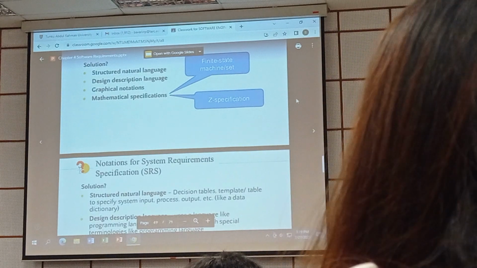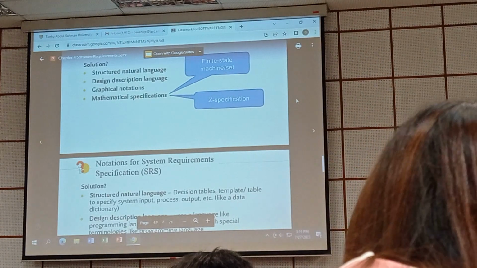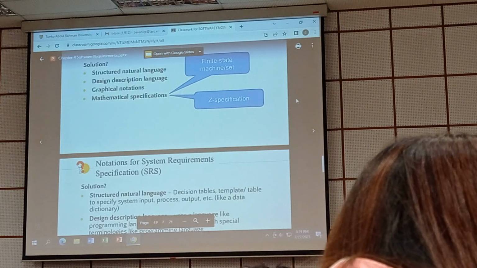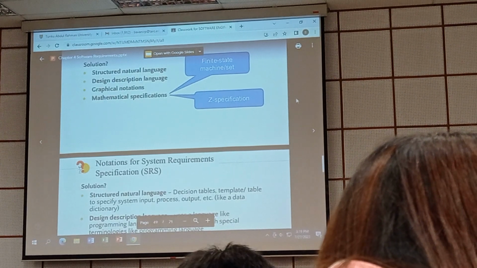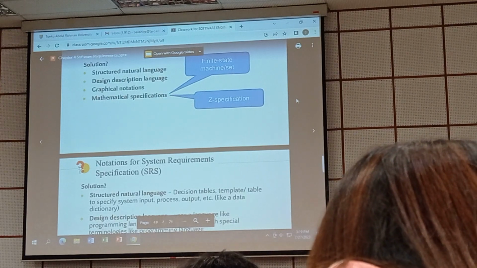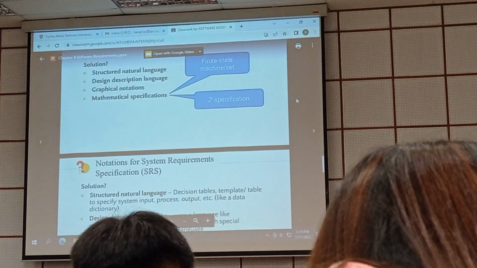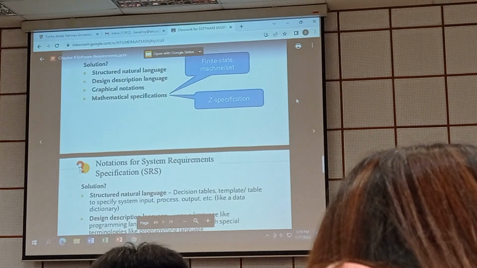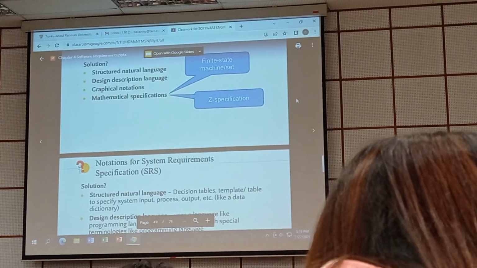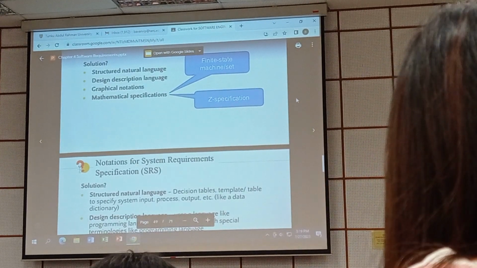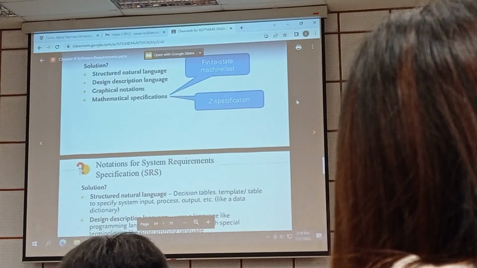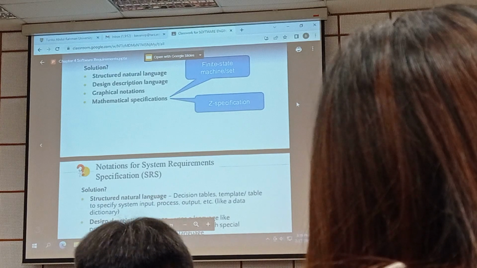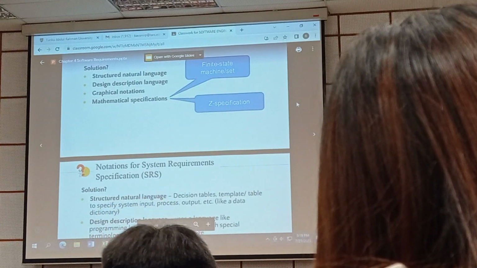Money is a number. Withdrawal also, money is a number, right? So in order for us to design the withdrawal and also the deposit, behind the output we have some calculation. That is called mathematical.